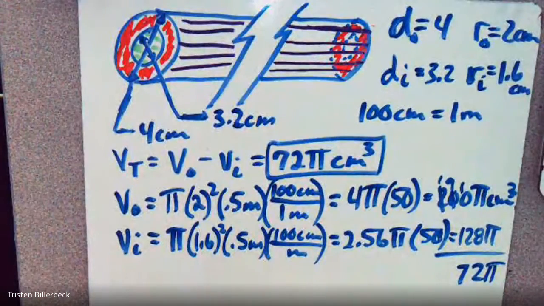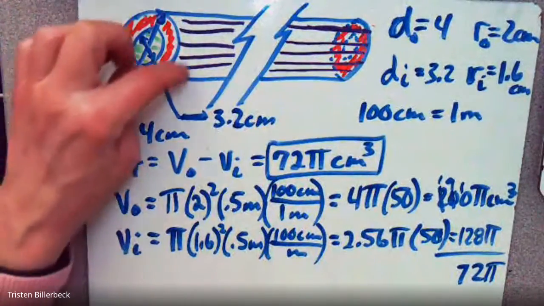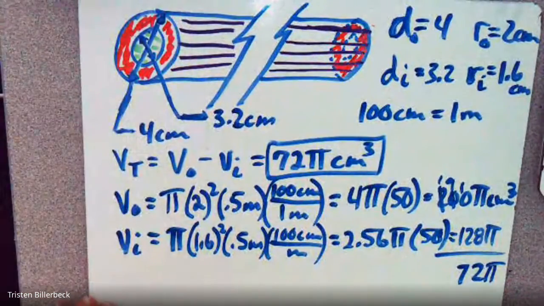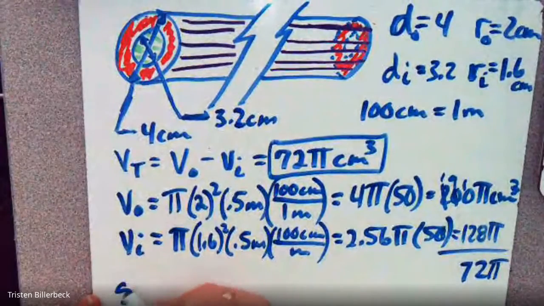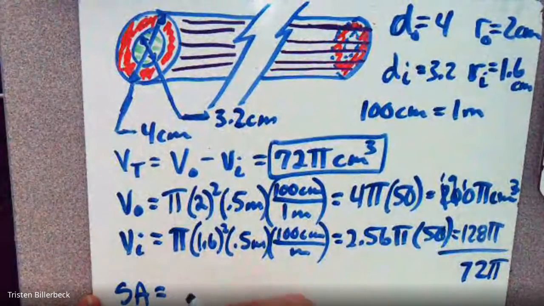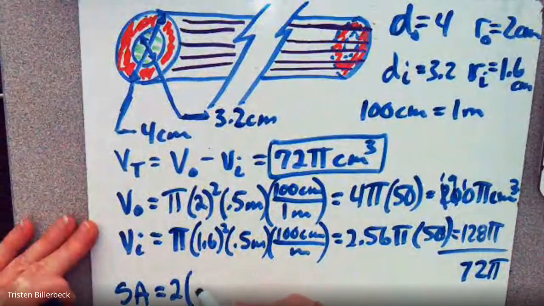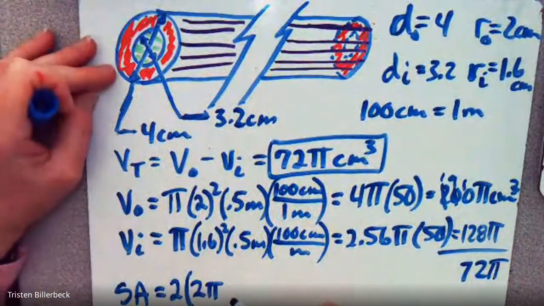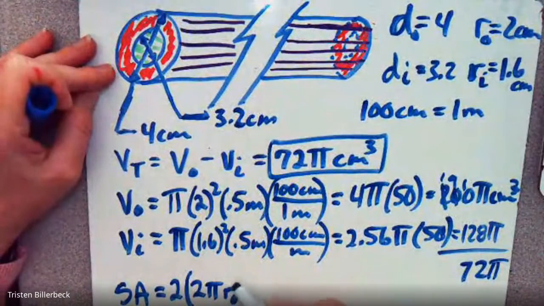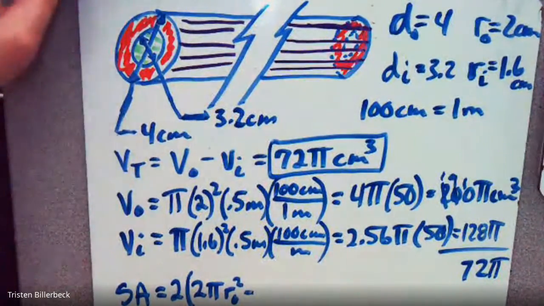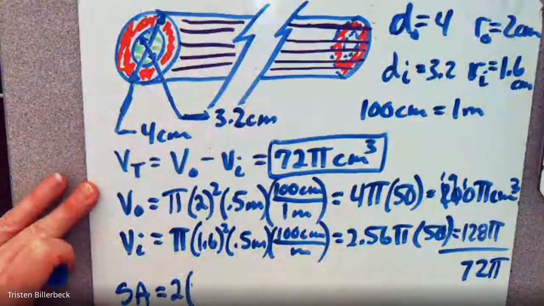So we have to have a strategy. Total surface area is going to be twice, oops, sorry, not 2 pi.